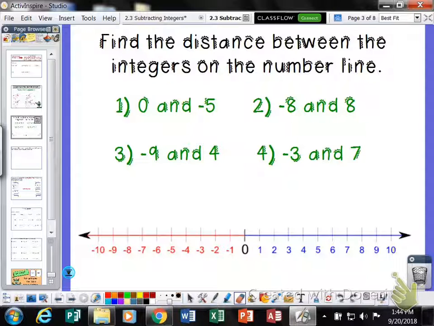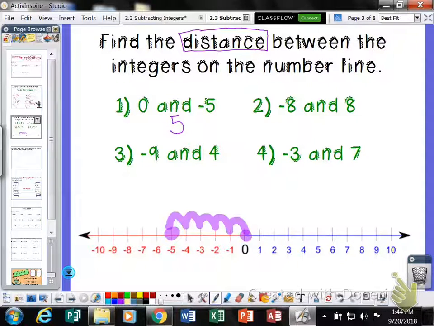Try that again. I'm going to put my finger at 0 and my finger at negative 5, and then count 1, 2, 3, 4, 5. Now, people want to say that this is negative 5 because of the negative. It's not. We're talking about distance. Distance is measured in positive, not negative.